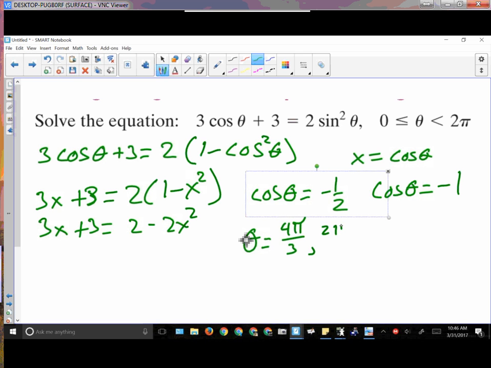And 2 pi over 3. Where is cosine equal to negative 1? Pi. So there we go. There are the solutions. Okay. But keep in mind that cosine squared plus sine squared is equal to 1, and you will be fine. So, there you go.